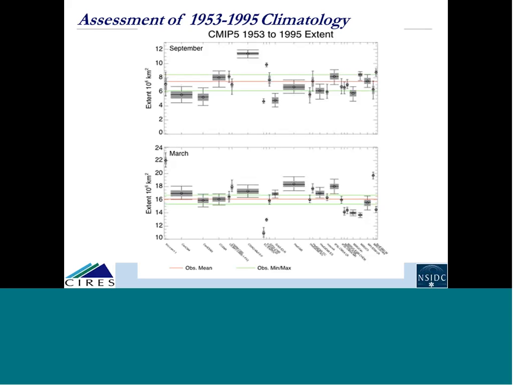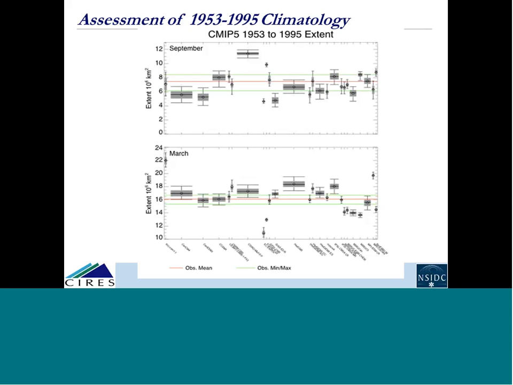The box in the middle shows the interquartile range. The black line shows the median of the distribution. The whiskers show the 10th and the 90th percentile range, and then there's a diamond in the center which just shows the mean. The red horizontal line is the observed mean sea ice extent for the 53 to 95 period, and the green line is the observed minimum and maximum sea ice extent for these 2 months.